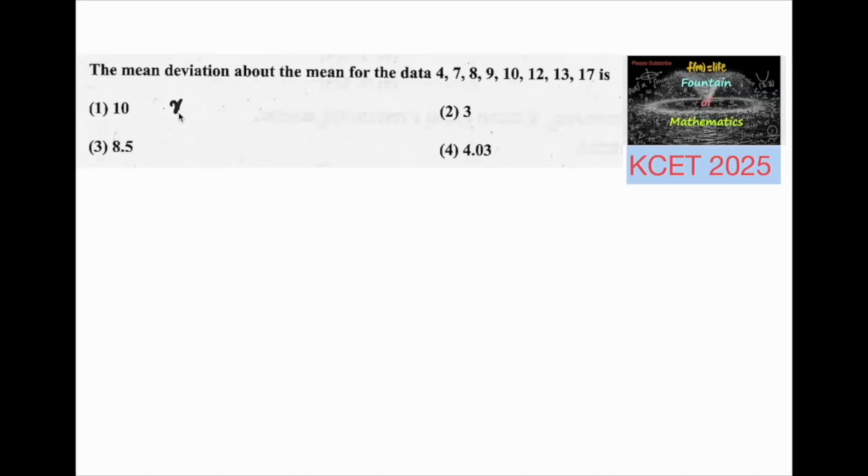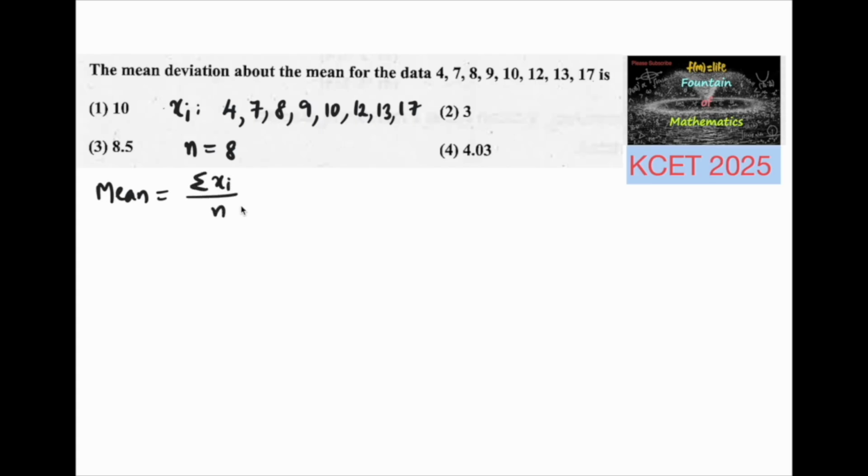Given the observations xi: 4, 7, 8, 9, 10, 12, 13 and 17. And here we can say that the number of observations n is equal to 8. Let's find the mean of the data. So mean is equal to the sum of the observations by the number of observations.